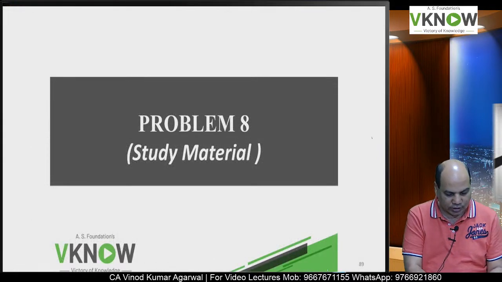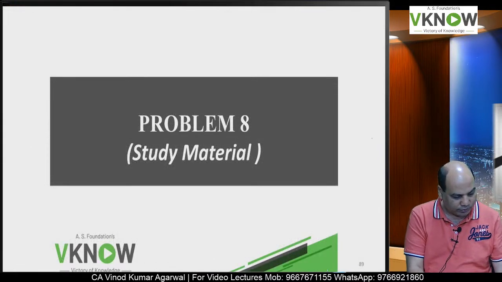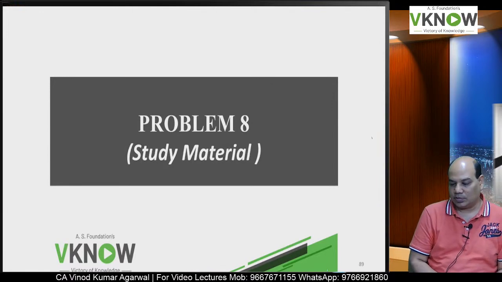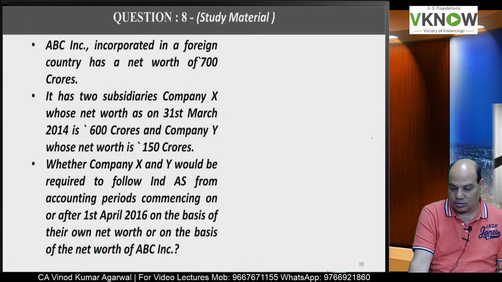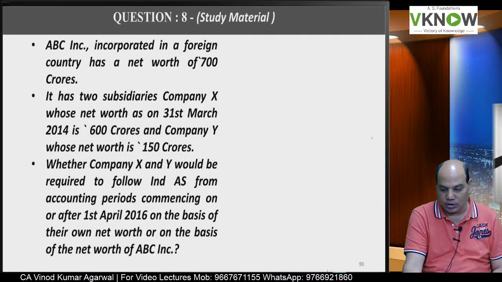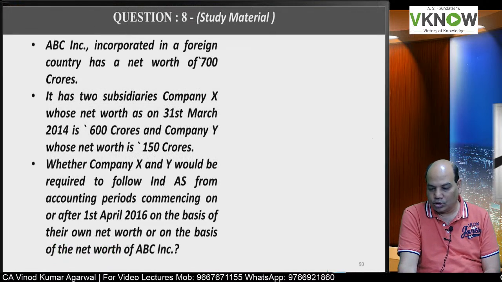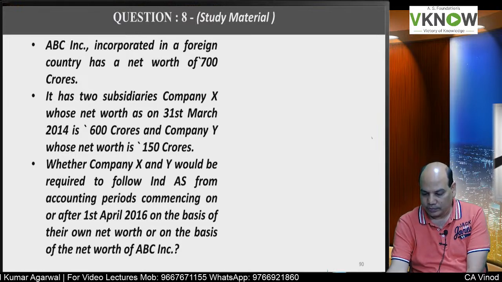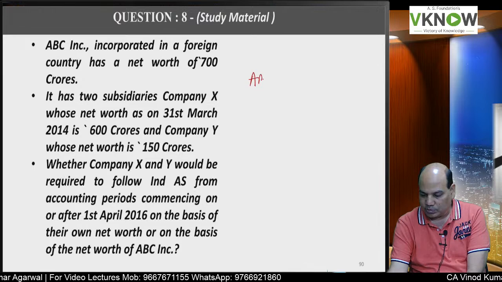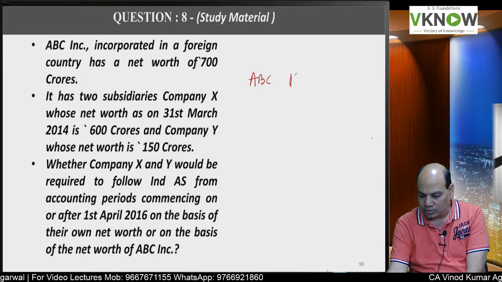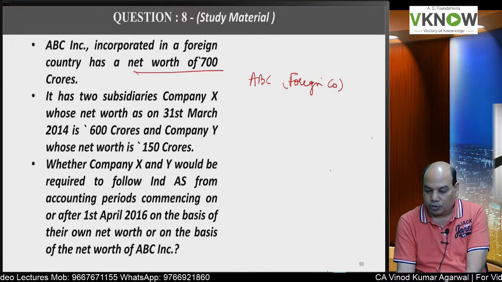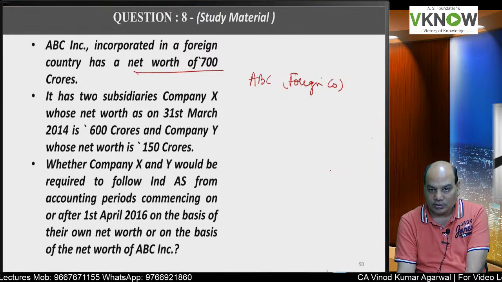One more question is there. Total 8 questions were there, right? These all 8 questions are in the study material. It says ABC Inc., incorporated in a foreign country, has a net worth of 700 crore. So ABC is a foreign company. We don't have to look at the net worth of the foreign company, is it right?